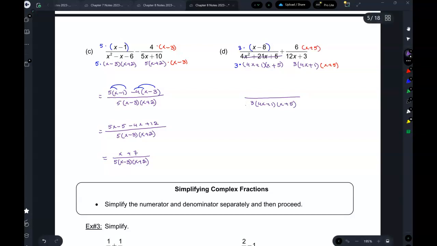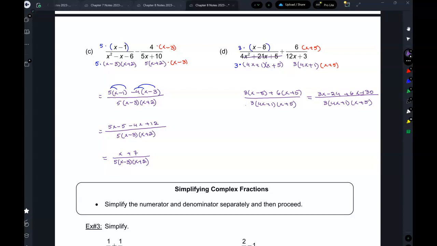Okay, so let's go. I have 3, x minus 8, plus 6, x plus 5. 3x minus 24 plus 6x plus 30 over 3, 4x plus 1, x plus 5.